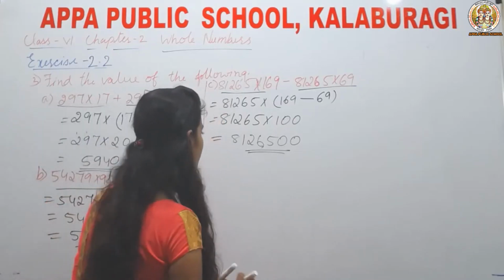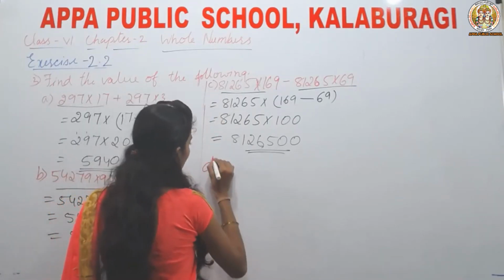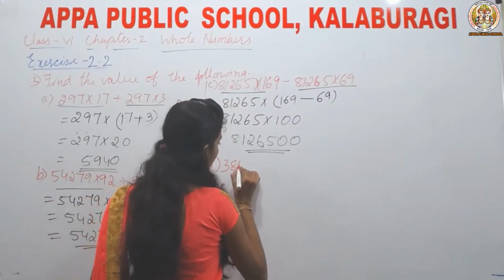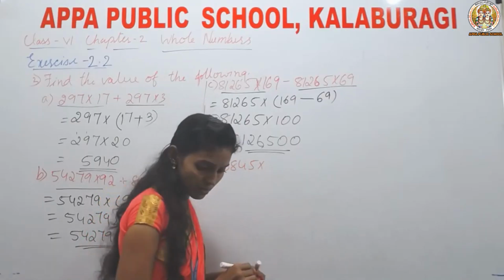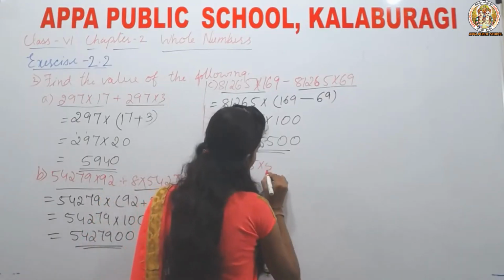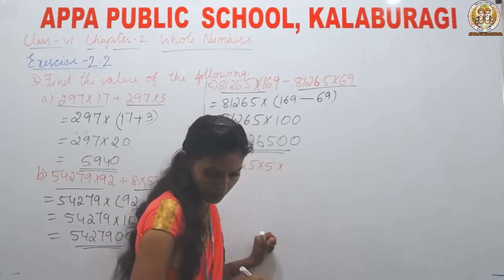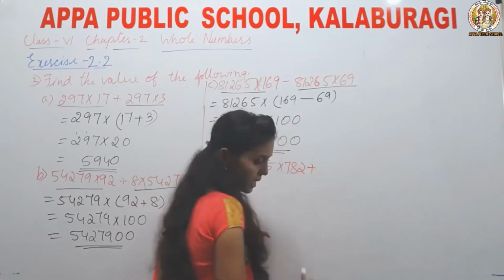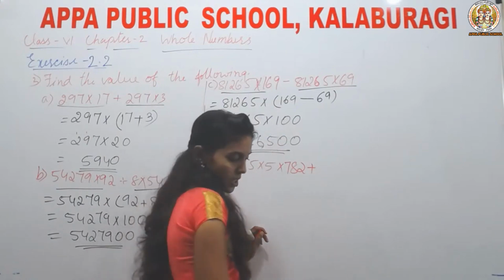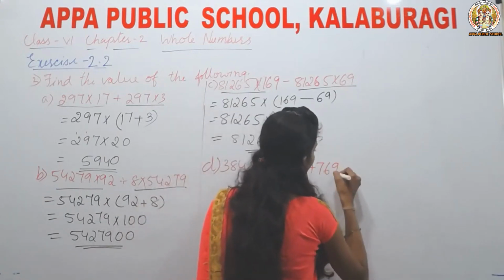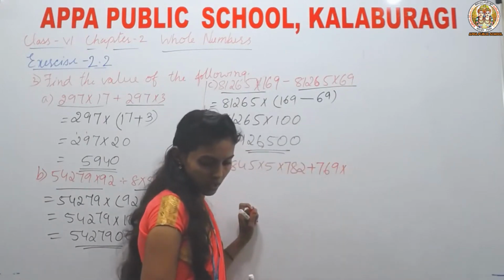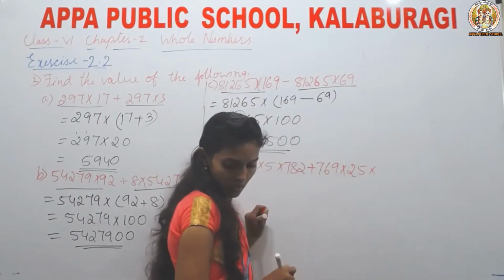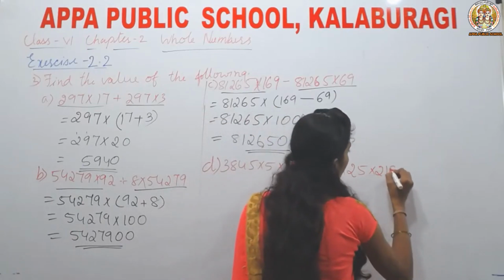Next one. D: 3845 into 5 into 782 plus 769 into 25 into 280.